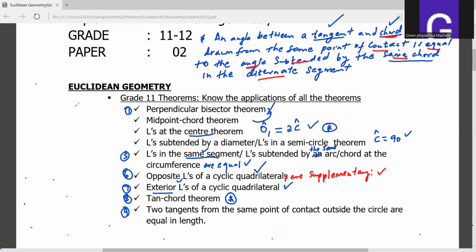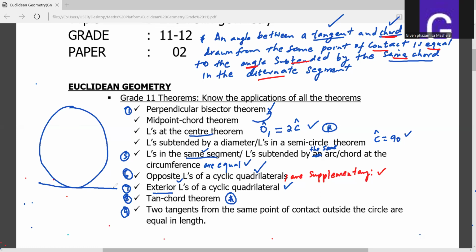According to this theorem, whenever you have a circle, and within this circle you have a tangent. Remember, a tangent is a line that touches the curve, not just a circle, but a curve, once.